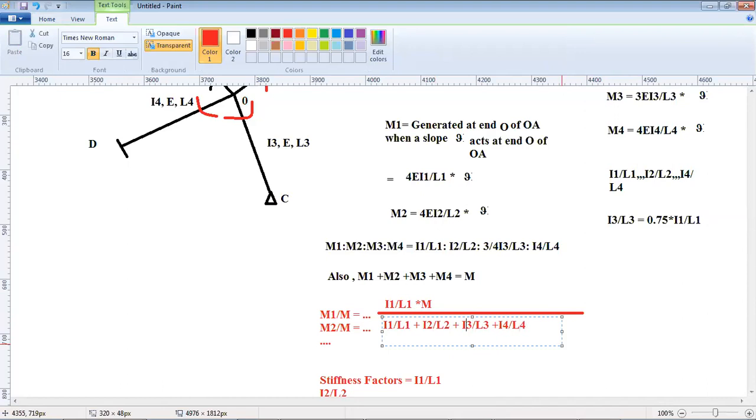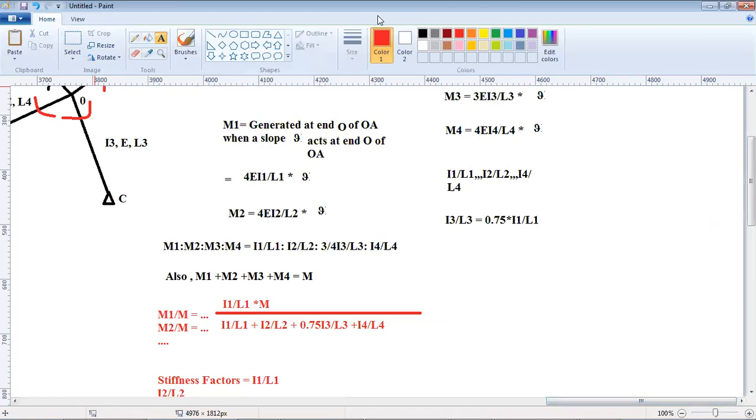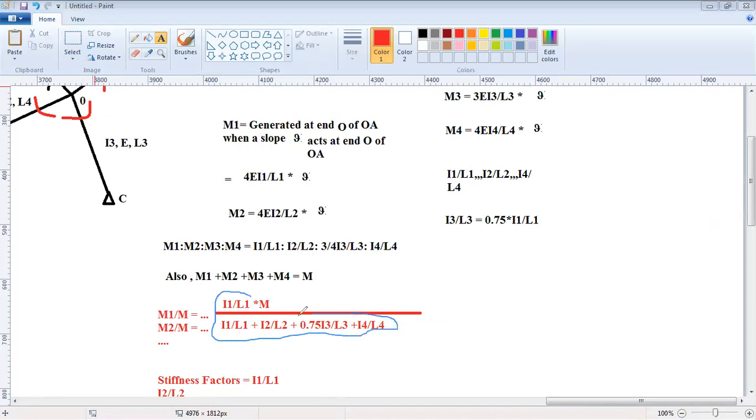Now, I3 by L3 had 0.75 because it was 3 by 4 times. So now what do we get here? If I take out this much portion, it's coming out to be a separate ratio. Now, what is that ratio?